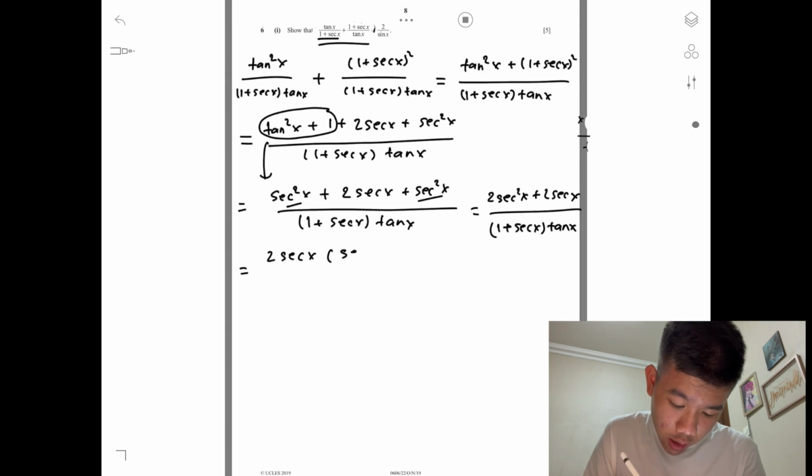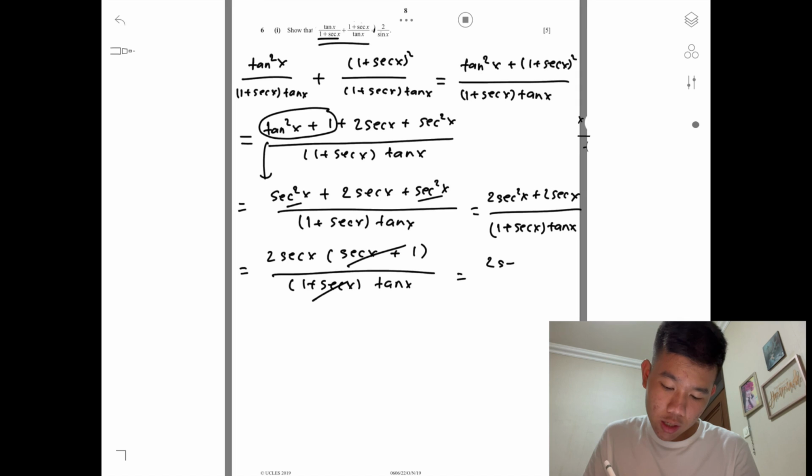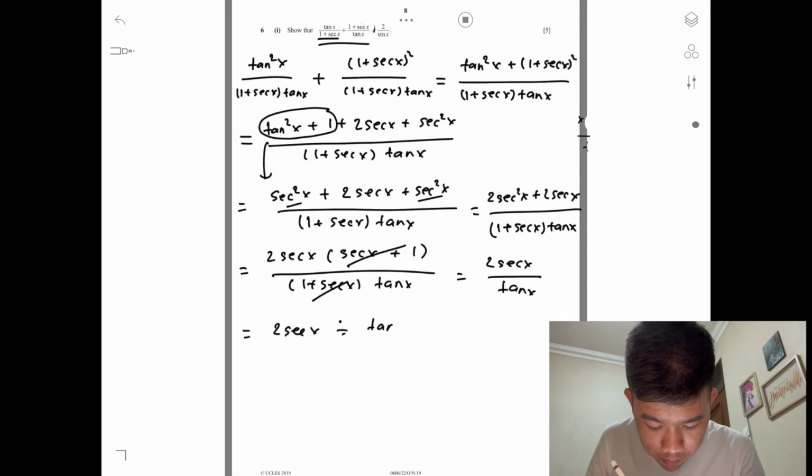So it becomes sec x plus 1 over the same denominator, 1 plus sec x times tan x. Here, I think it's quite simple now. We can just cross this out. 2 sec x over tan x. Then now I'll just rewrite this as 2 sec x divided by tan x.